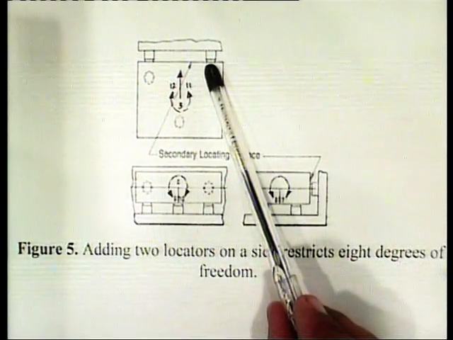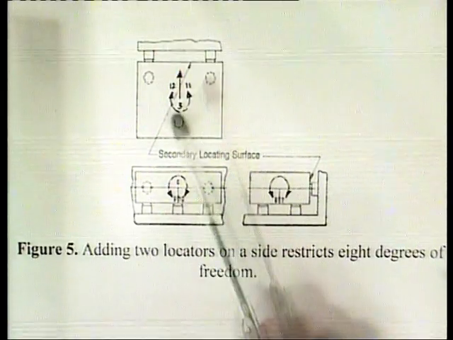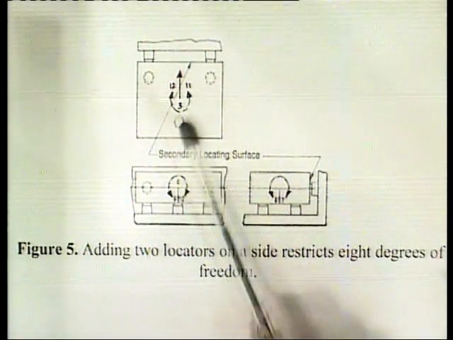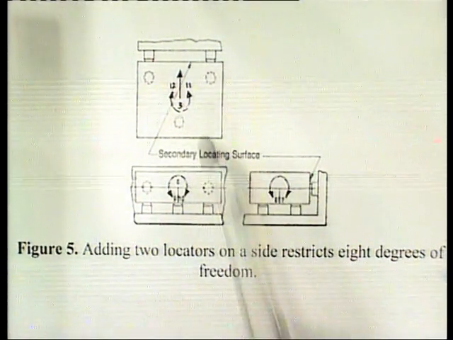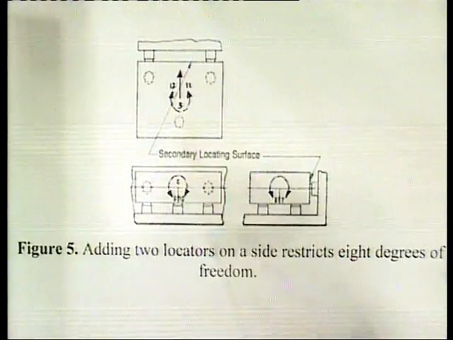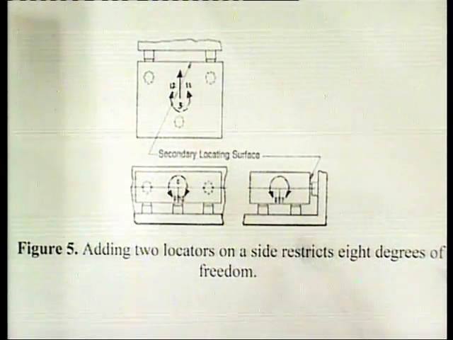So, totally 8 degrees of freedom are restricted with these 5 locators, 3 behind this plate and 2 on one side of this plate. This is the top view of this arrangement, this is the front view, and this is the side view of this arrangement.